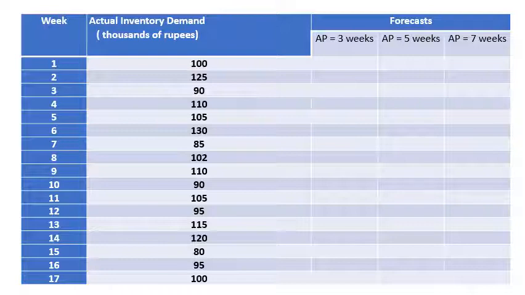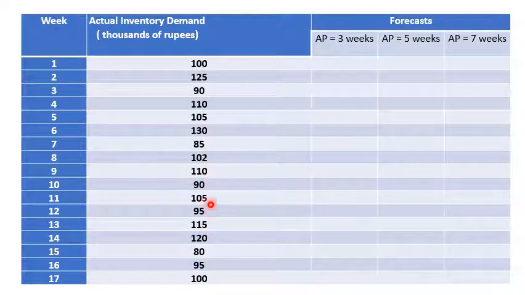The other 3 columns shown here are the average period of 3 weeks, 5 weeks and 7 weeks, that is, a moving average of 3, moving average of 5 and moving average of 7, or we can also call them a 3-week moving average, a 5-week moving average and a 7-week moving average. What is required now is 10 data points, 1, 2, 3, 4, 5, 6, 7, 8, 9, 10.